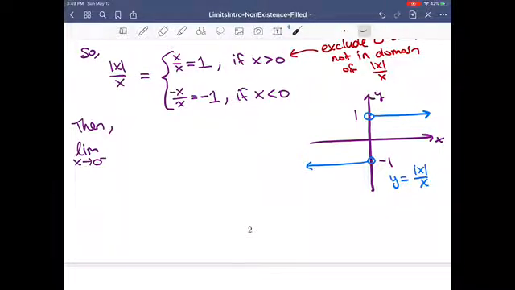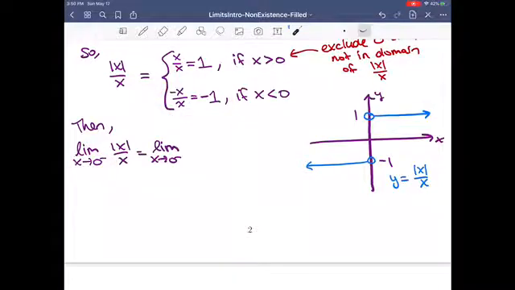So if I do the left limit of absolute value x over x, then because I'm slightly less than 0, I'm going to be in this category here.